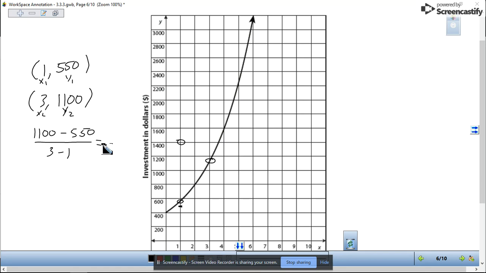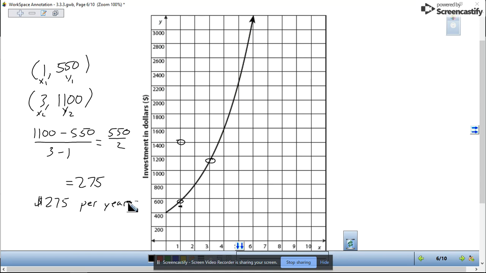And when you subtract that out, you're going to get 550 over 2, which means your rate of change is 275. So what does that mean? It means the rate of change for this function is approximately $275 per year.